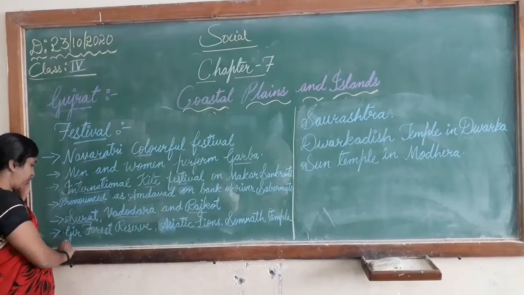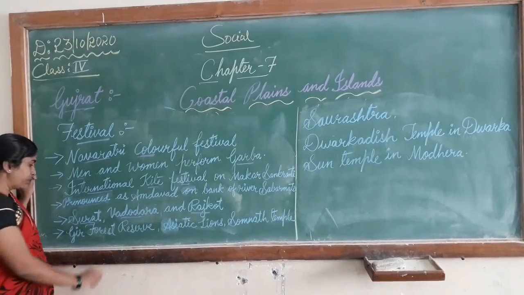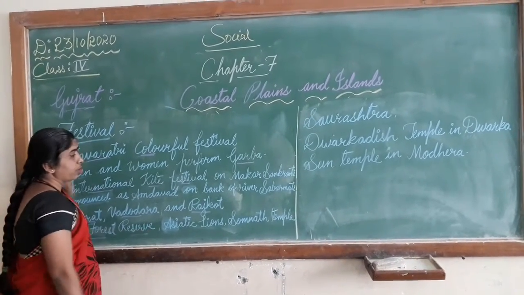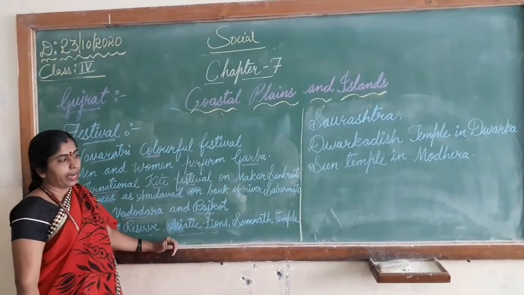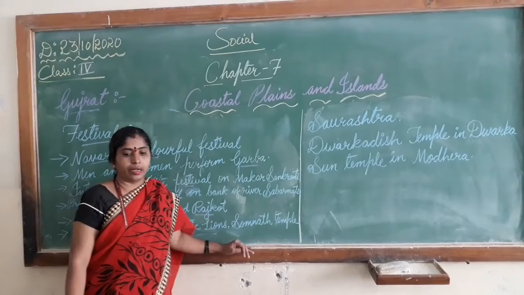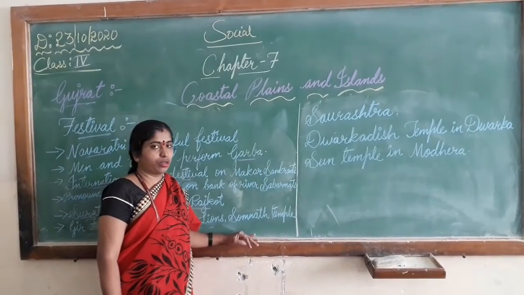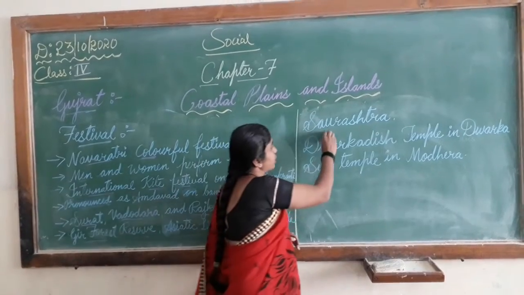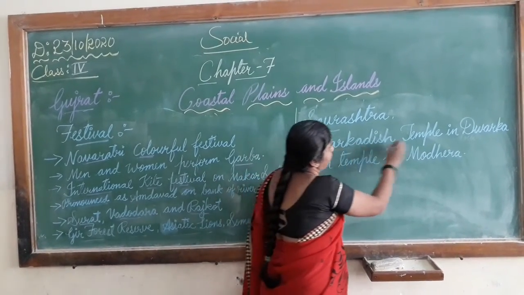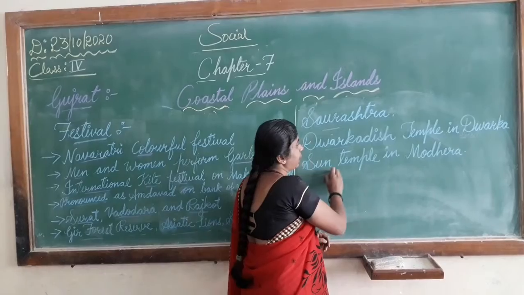And now let's study about the tourist places. Gir Forest Reserve, which is famous for Asiatic lions, is located here, and the state is also well known for its temples: Somnath Temple in Saurashtra, Dwarkadish Temple in Dwarka, and Sun Temple in Modhera.